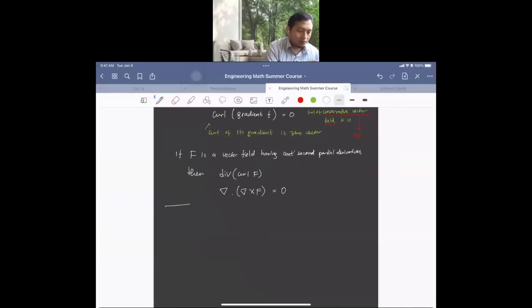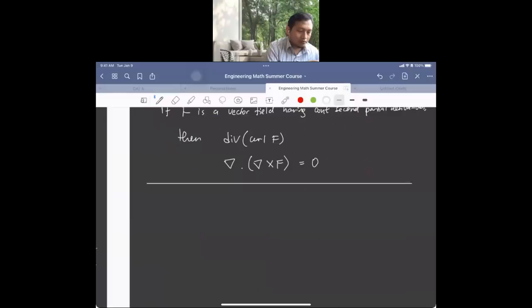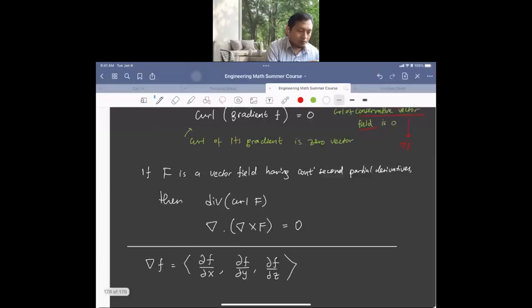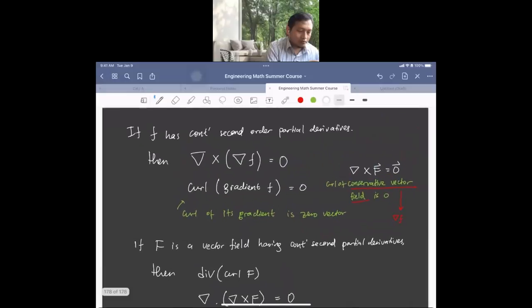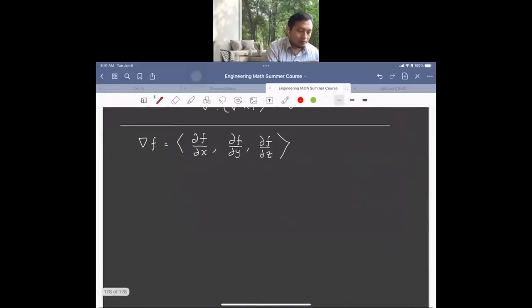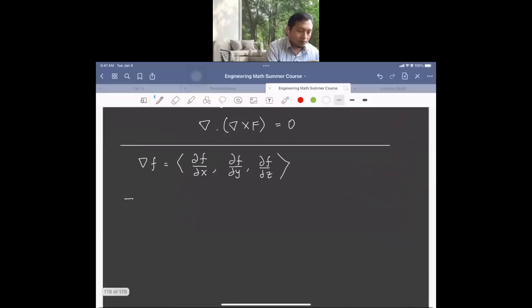So let me write here. If we have del f, this is practically what we have if we break down. And let's say we are going to prove this statement. Okay, so let's deal with this del cross del f.